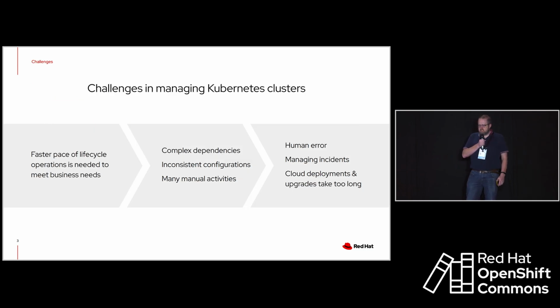So, challenges. I'm sure many of these are common across the room and not unique to Vodafone. Starting on the left, one of the key things we've seen with the adoption of containers and Kubernetes within our network is that we need to adopt a faster pace of lifecycle operations. The area of the business I work in is the 5G Telco cloud.